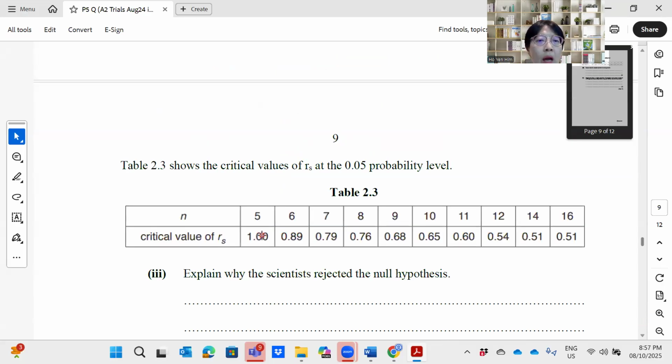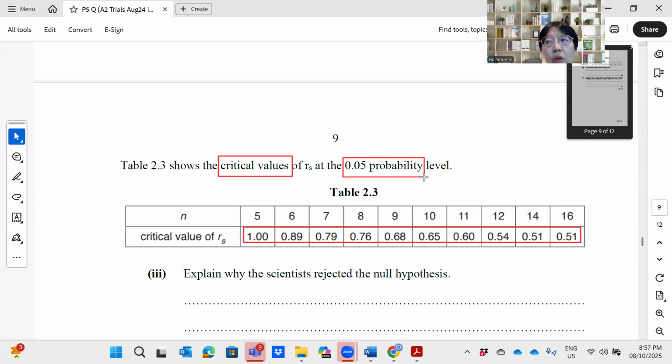Okay, table 2.3 shows critical values. That means all these values here are not rs values, they are critical rs values at the 0.05 probability level. 0.05 probability level means that when you get your rs value at this particular value, the correlation between variable A and variable B is significant. 0.05 means significant.